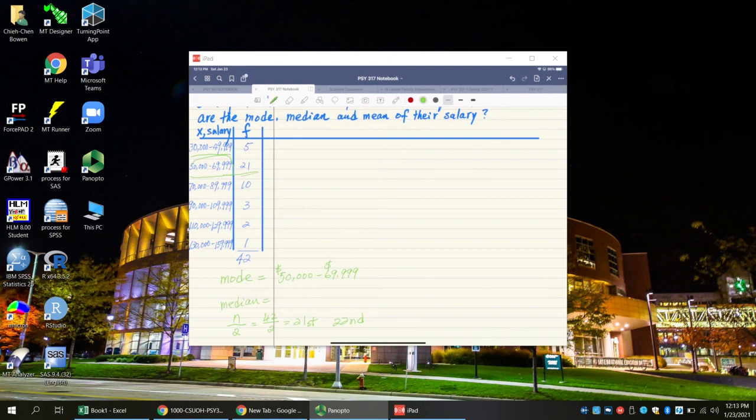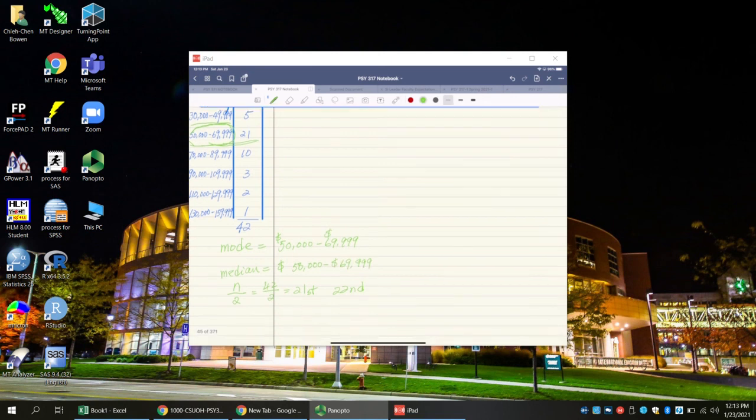Again, right here is the range of values. So the median is the same as the mode category, 50,000 to 69,999. Okay, that is the median.